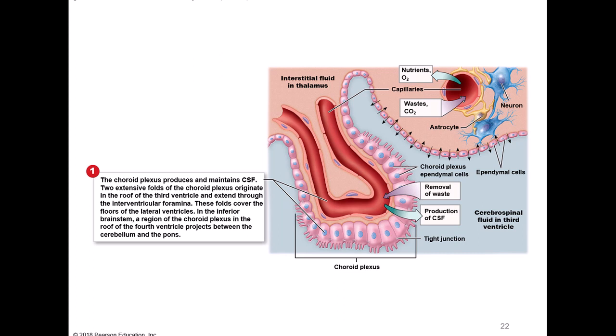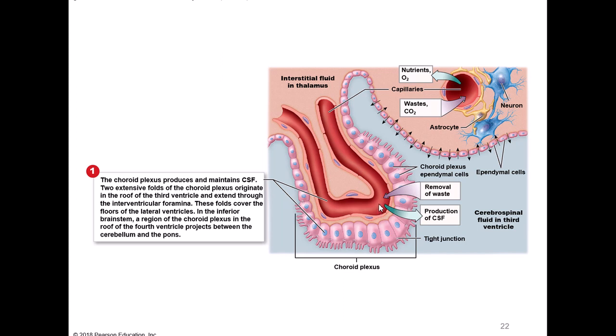Here's a picture. This blue area is the third ventricle. In the wall of the ventricle, you can see this capillary right here. This is the choroid plexus, a kind of leaky capillary. What will happen is the plasma will go through the ependymal cells. You can see they even have some cilia, which help to move the cerebrospinal fluid.